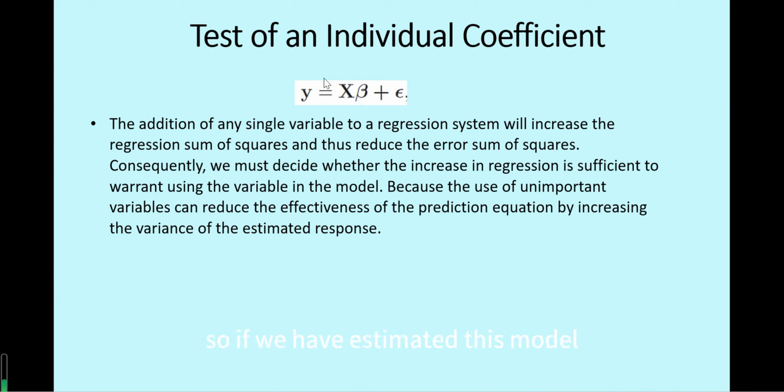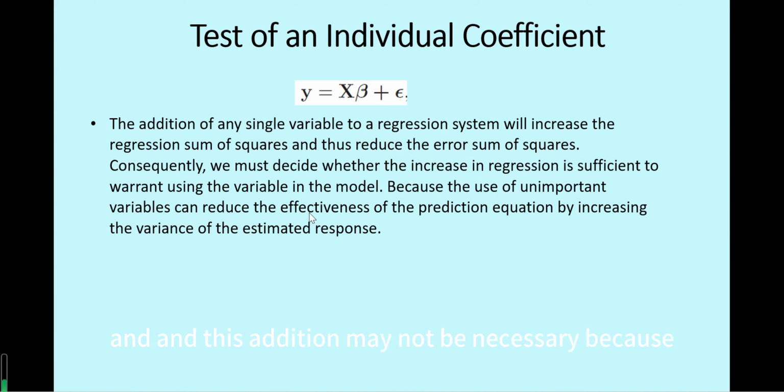So if we have estimated this model and obtained the coefficient beta, the next step is most probably to test whether each of the individual coefficients is significant, because the addition of any single variable, a single coefficient, to a regression system will increase the regression sum of squares and thus reduce the error sum of squares.